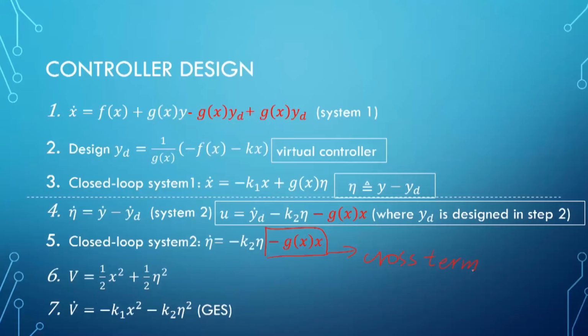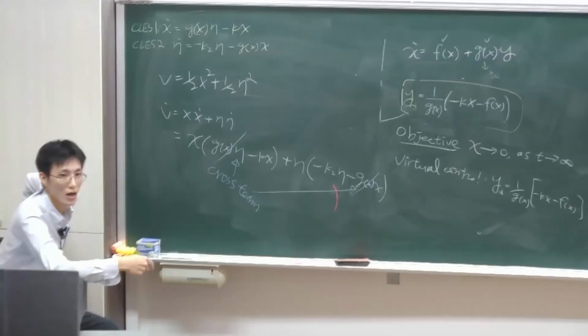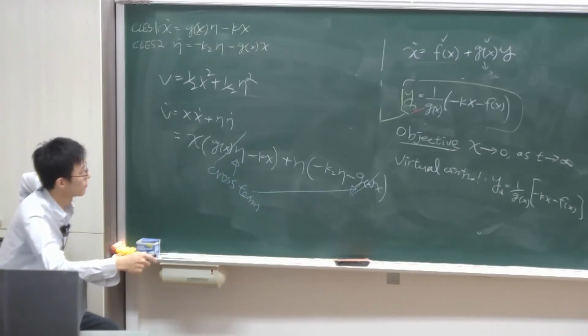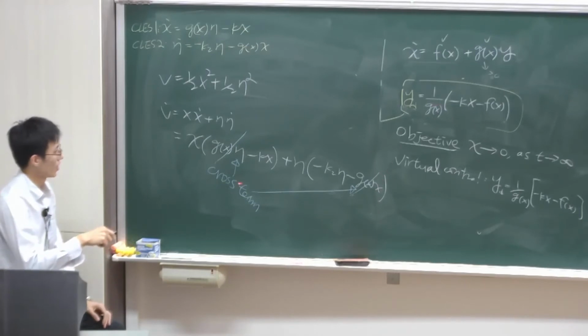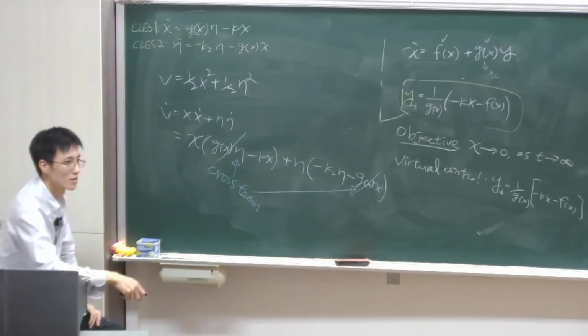So it's reasonable that the design of this cross term in the controller is based on the stability analysis. But for teaching, I first need to give you the controller design so that you can follow the flow of this analysis.